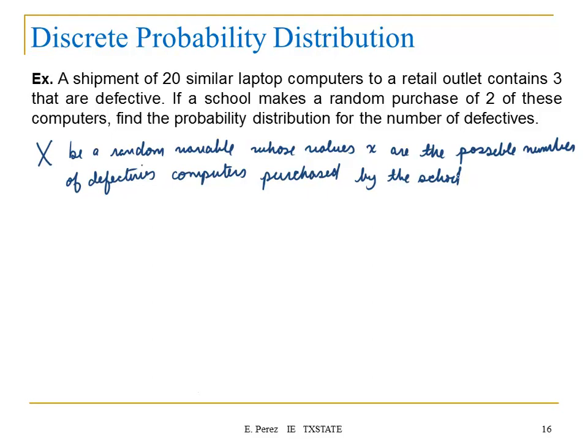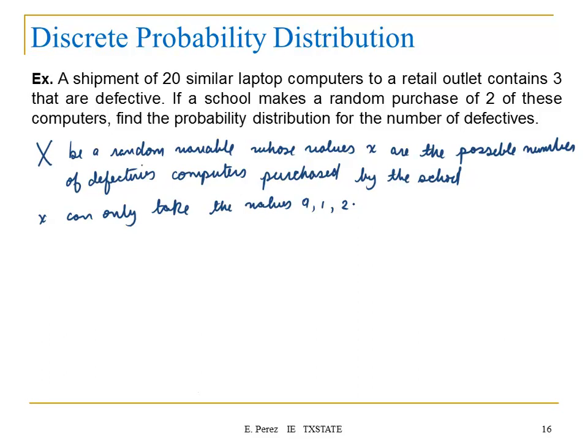Okay, so x, small x, can only take the values 0, 1, and 2. Okay, so let's find the probability distribution for the number of defectives.